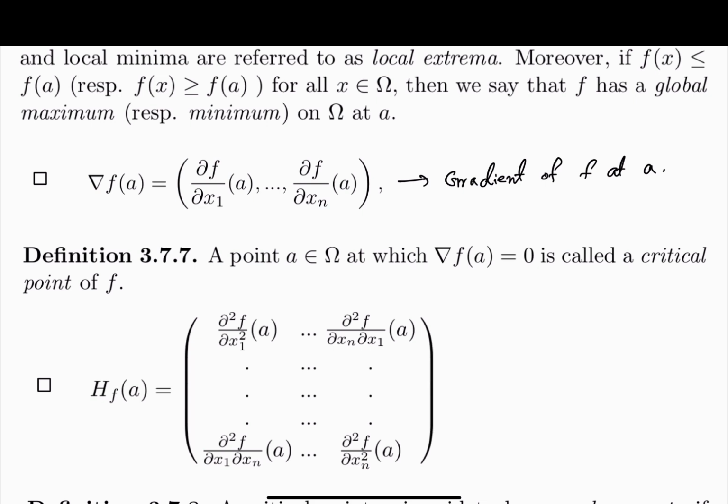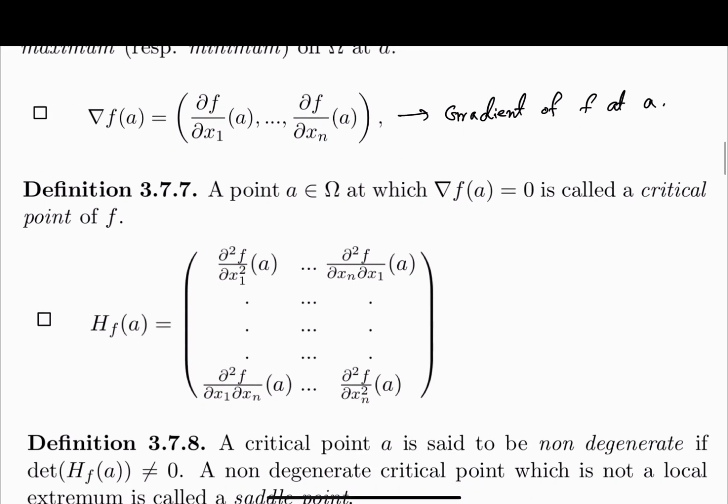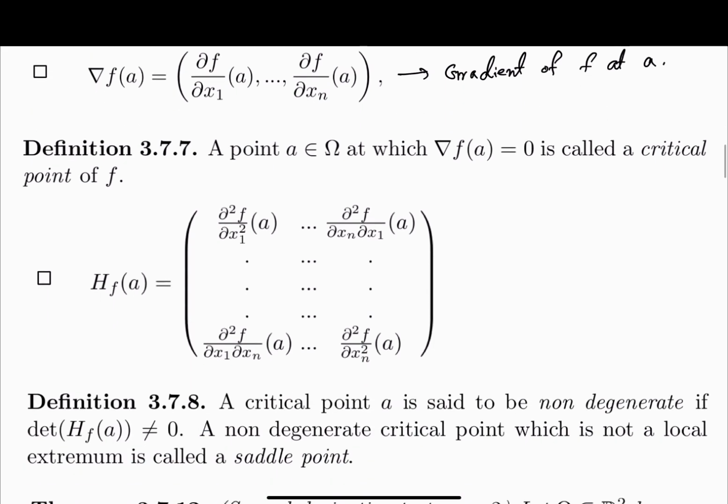Now, a point a in Omega where the gradient of f is 0 is called a critical point of f. Next is the definition of the Hessian matrix of f at the point a.